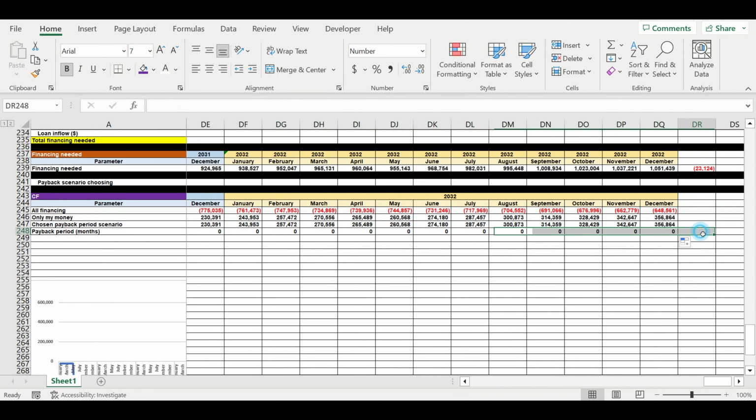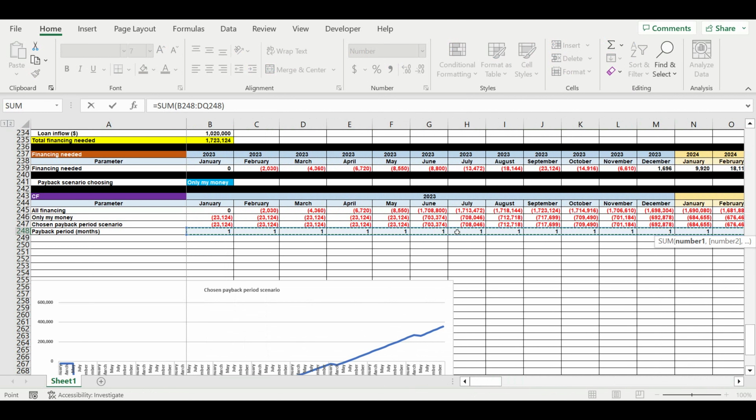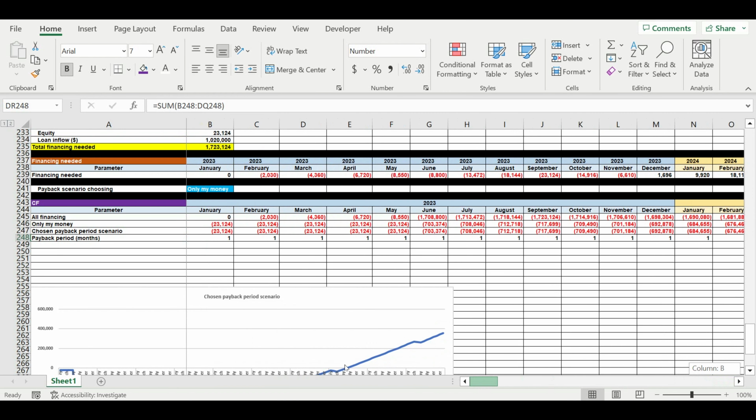Now I'm creating the totals for the amount of months that we have here in this line. So the payback period is 90 months. So this will be simple payback period months.